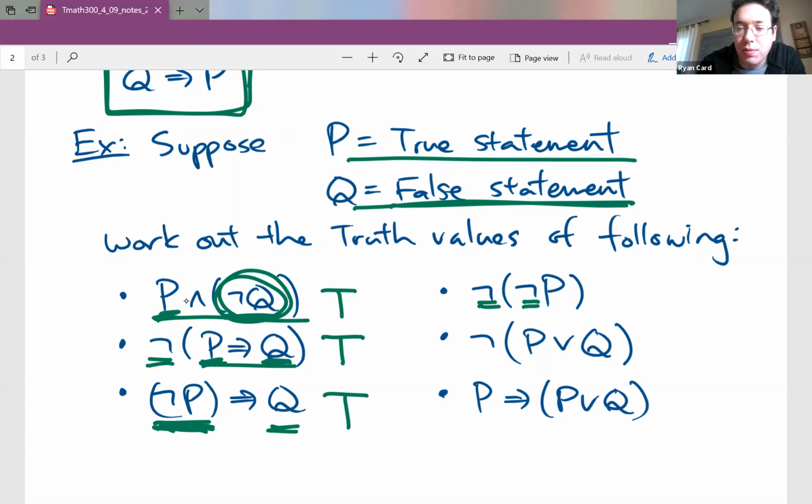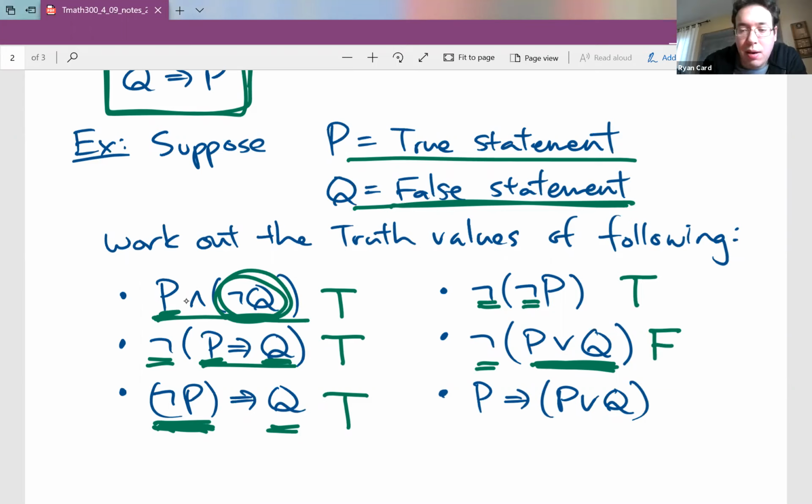So you flip the truth value twice and you get back the original truth value, true in this case. The next statement is a disjunction, right? P or Q, one of those is true, P is true, so that makes the whole disjunction true. But there's a not in front, so that will flip the truth value and you get false in the end.